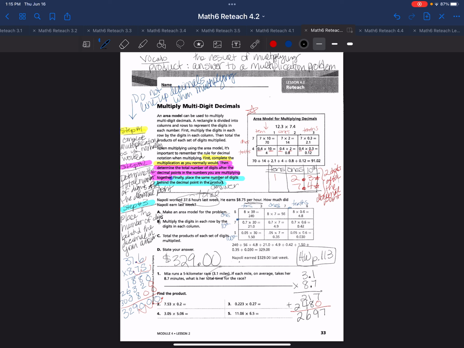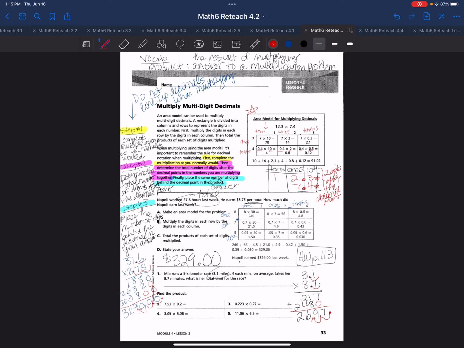Okay, then I need to go up to step 2, which is determine the total number of digits after the decimal. 1, 2. So this is 2 digits after the decimal, so then I must go down to my product, which is my answer here, and I must move the decimal 2 spots because there were 2 digits after the decimal.